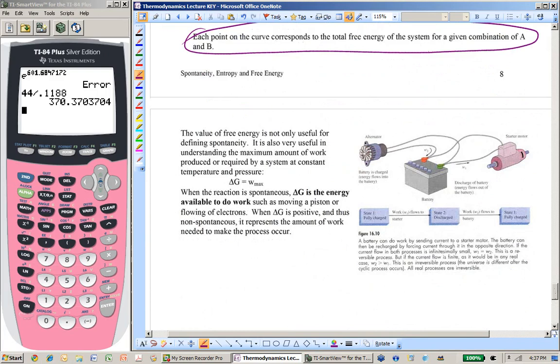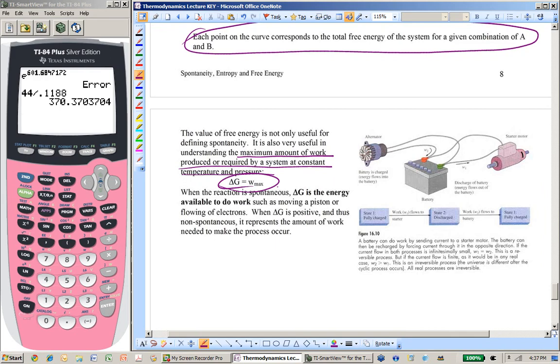Now, the last thing I'll say about delta G is that delta G is tied to the amount of work a system can do. So the value of the free energy is not only useful for defining spontaneity, it's also useful in understanding the maximum amount of work that is produced or required by a system at constant delta G. So delta G equals that maximum amount of work.